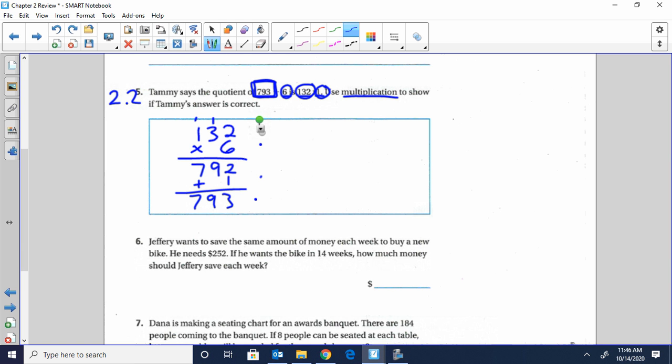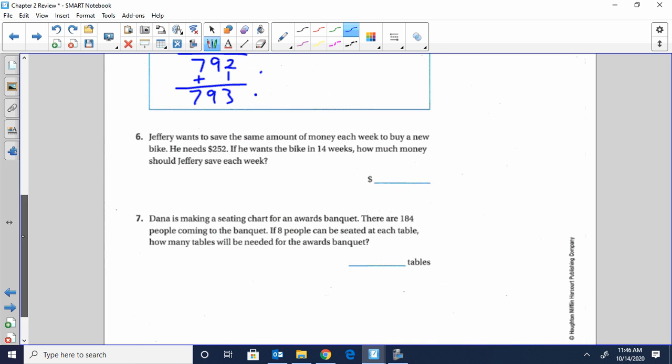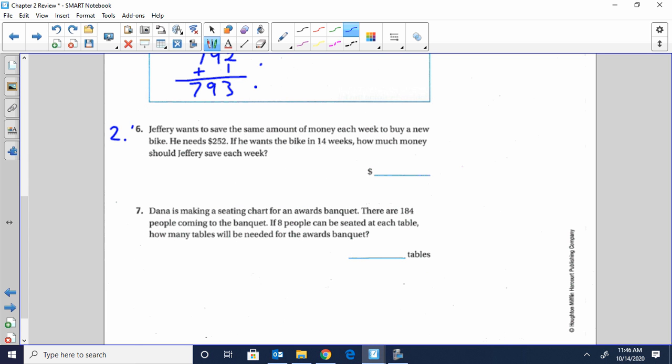Question number 6 comes from lesson 2.6, which is just simply 2-digit division. Jeffrey wants to save the same amount of money each week to buy a new bike. He needs $252. If he wants the bike in 14 weeks, how much money should Jeffrey save each week? So we're going to take 252 divided by 14.